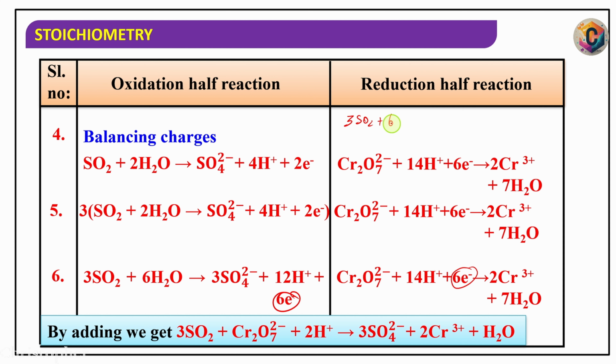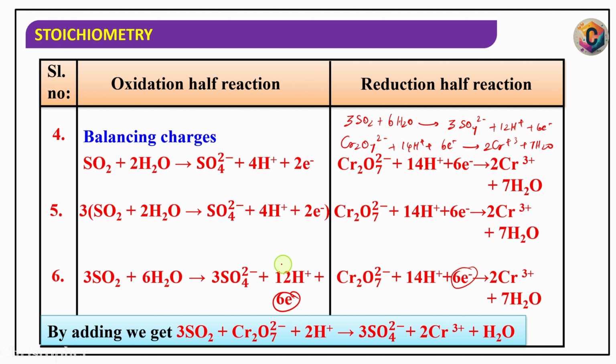3SO2 plus 6H2O gives 3SO4 2 minus plus 12H plus 6 electrons. The next one, Cr2O7 2 minus plus 14H plus 6 electrons gives 2Cr plus 3 plus 7H2O.